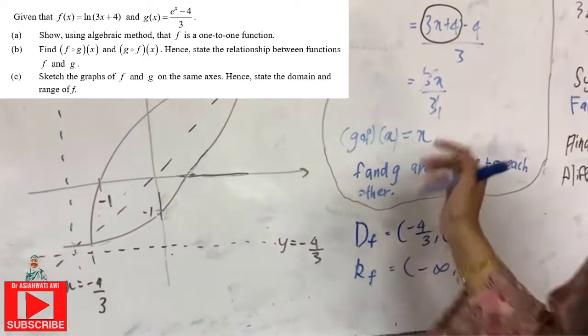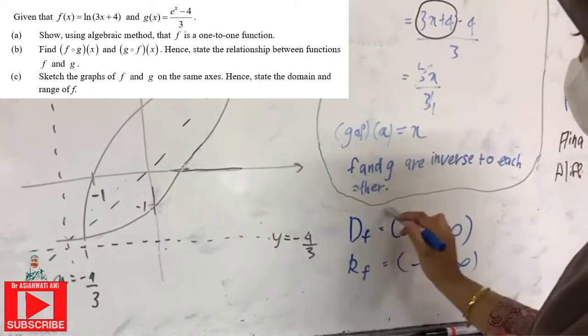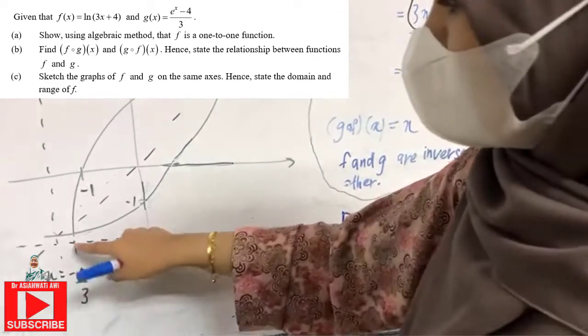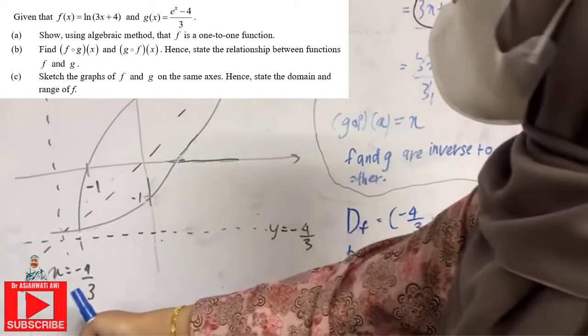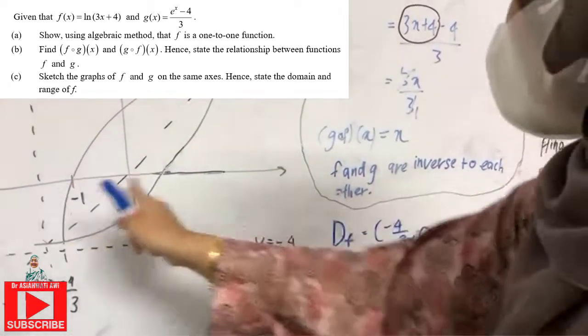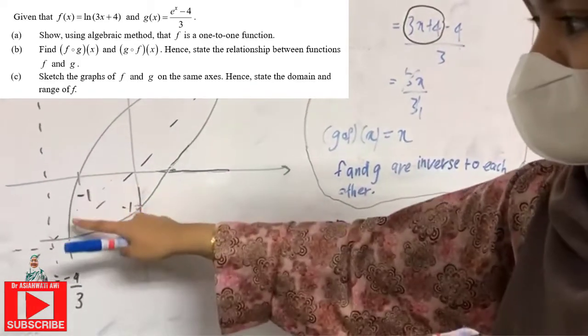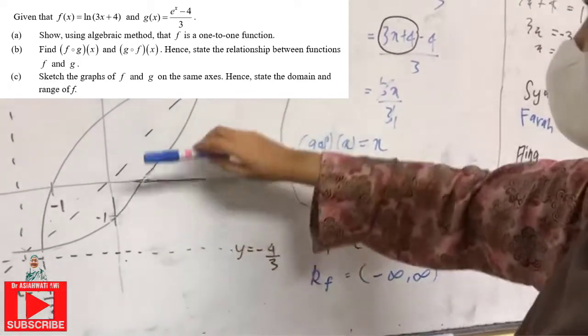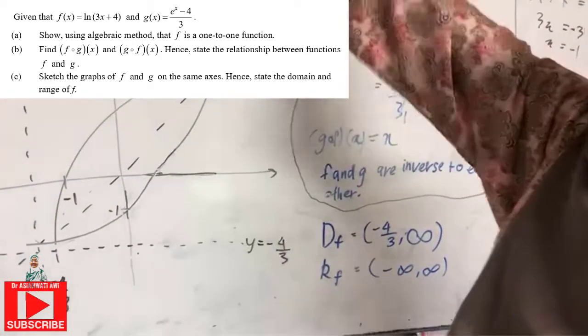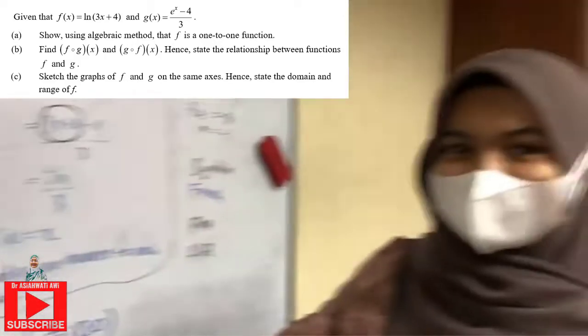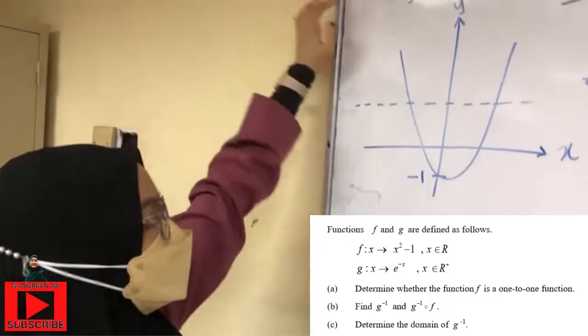Dia kena bukan square bracket, sebab dia takkan sentuh asymptote. And to infinity, and range is negative infinity sebab graph ni sampai bawah lagi, and infinity sampai di atas. So negative infinity, infinity.